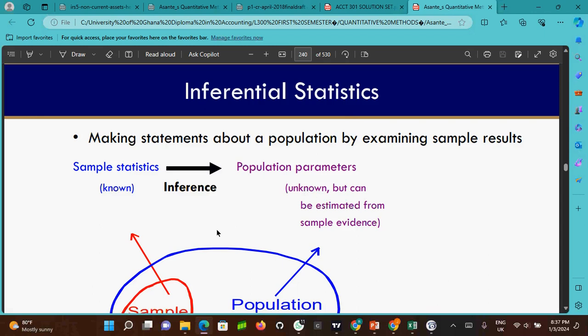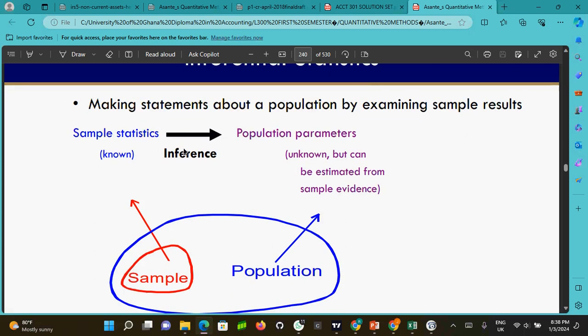Let's say in this class that we are having right now, we have 5 people here. If I pick 2 as a sample and I ask them, have you understood? And they tell me yes, then I assume for the whole class that everybody has understood. That's what inference means here: making statements about a population by examining the sample results.